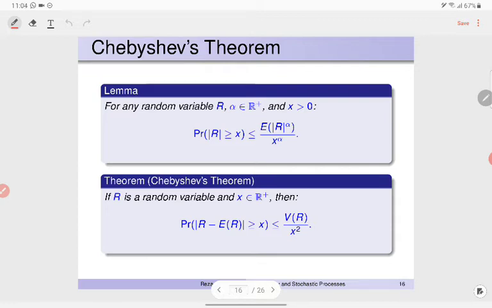Now, a specific case is when alpha is equal to 2. In this case, we are dealing with Chebyshev's theorem. If R is a random variable, look at this, there is no condition right now.